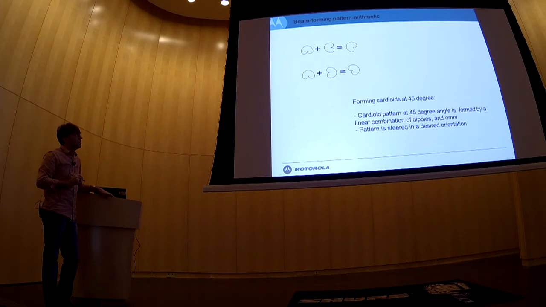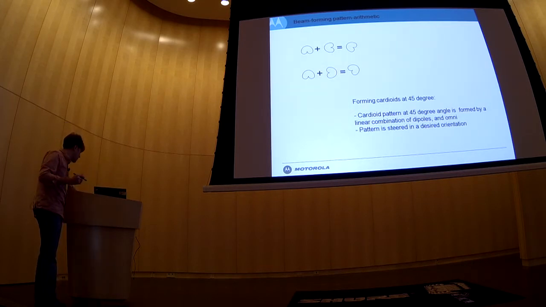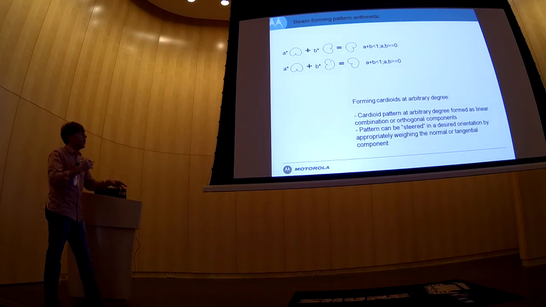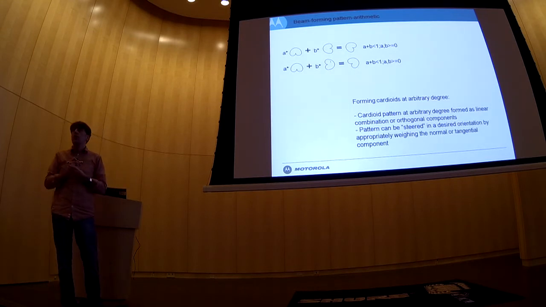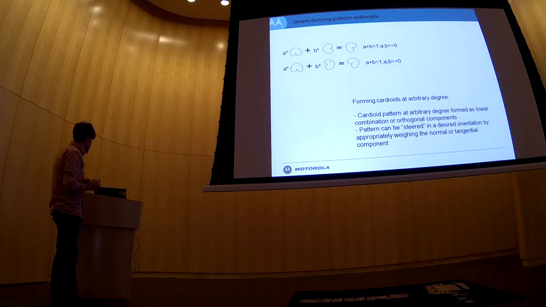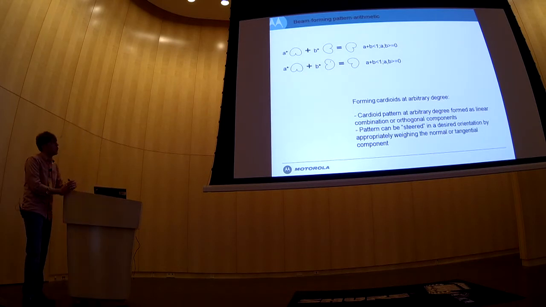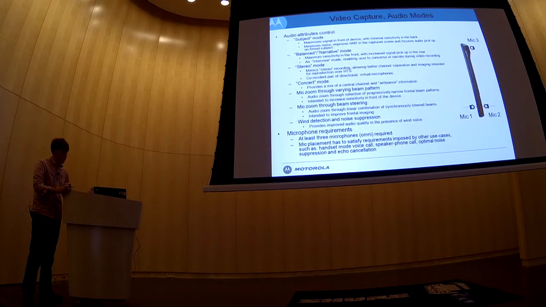Or alternatively, if we had some linear combination of cardioids, we could steer them in a direction that we would like. And why this is important will be appreciated hopefully on the next slide.